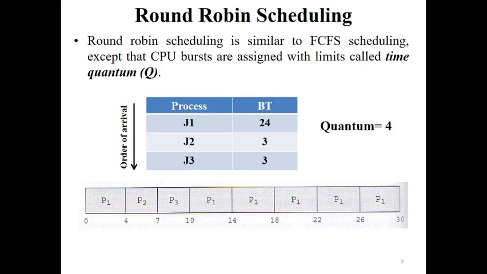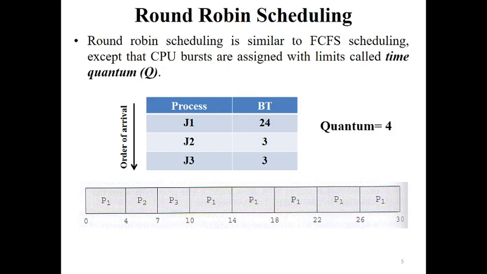Time quantum is kind of a timer. Every round robin scheduling algorithm is associated with some time quantum. That is the time given to each and every process equally for executing their tasks.